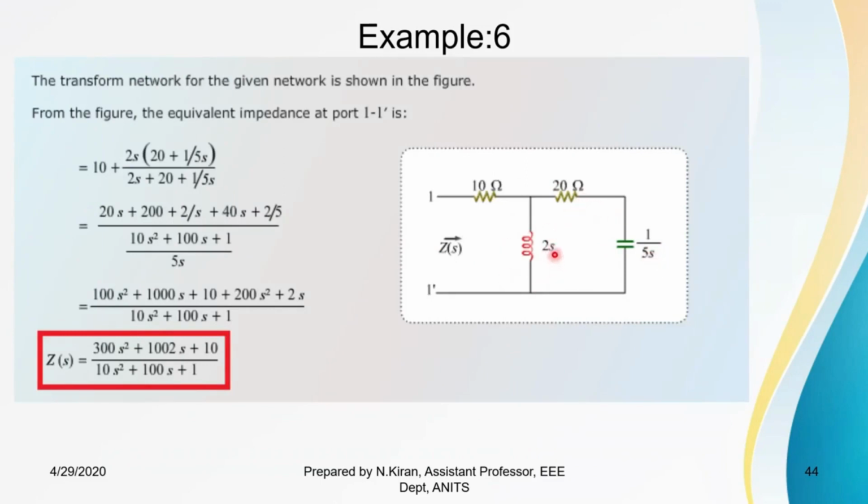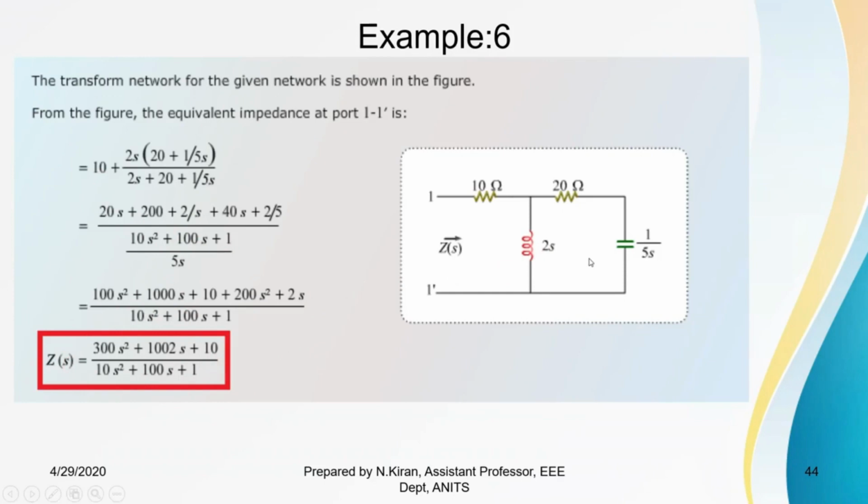Therefore, 2s into 20 plus 1 by 5s divided by 2s plus 20 plus 1 by 5s. This combination is in series with 10 ohms, so it is added to 10 ohms. On simplification, this gives the transform impedance of this network.